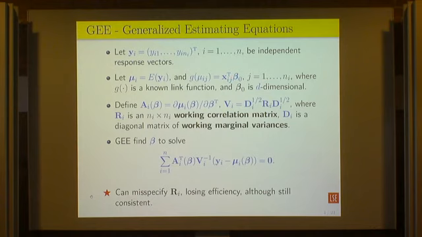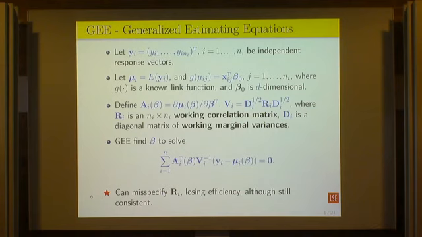So it's basically a generalized linear model setup here. And we assume that this beta naught is a d-dimensional vector, and this d can actually grow with the sample size n. So later on we will see how this can grow with the sample size n.